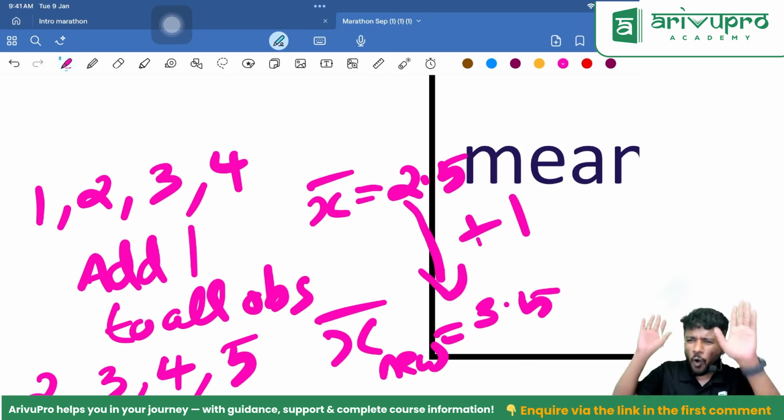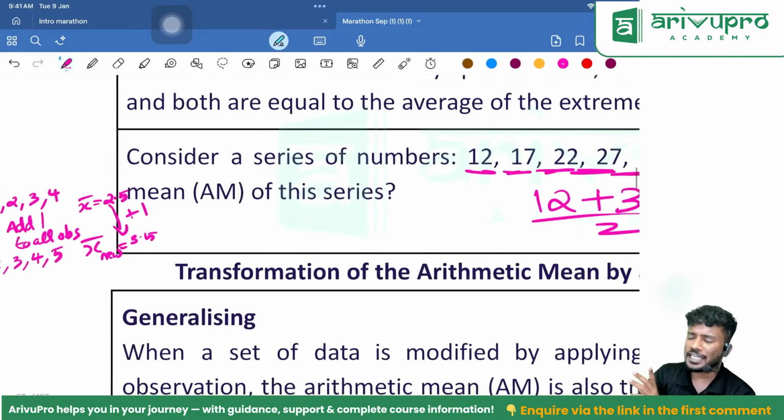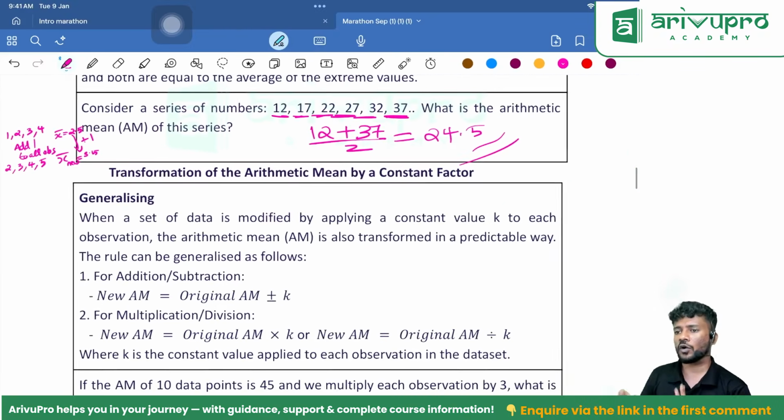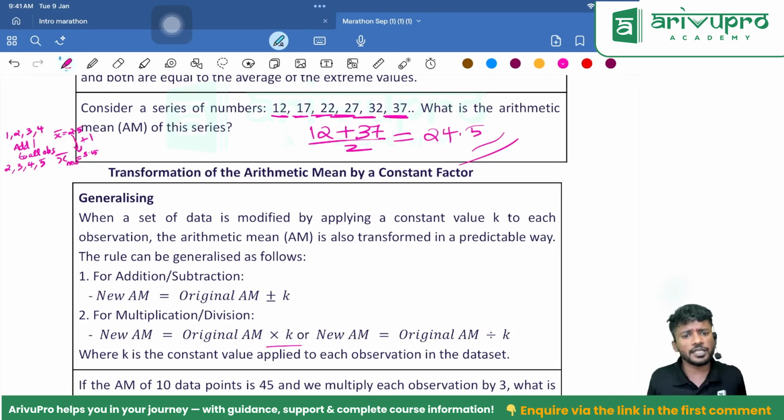So if all the observations are increased by a constant value, the mean also will get increased by that constant value. If all the observations are reduced by a constant value, say all the observations are reduced by 3, then the mean will also get reduced by 3. If all the observations are multiplied by a constant value, the mean will also get multiplied by that constant value.